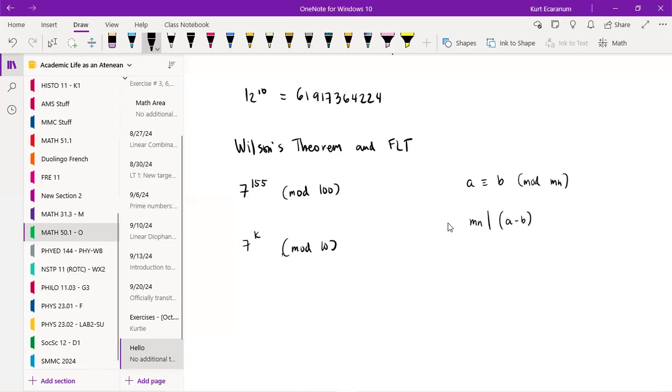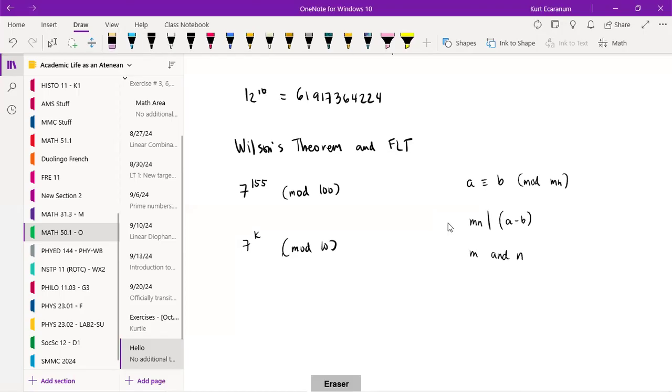Meaning, m and n are numbers that are less than or equal to mn. So, m and n should be at most mn. Okay? Meaning to say, it's likely na mas maliit yung m and n from mn itself.